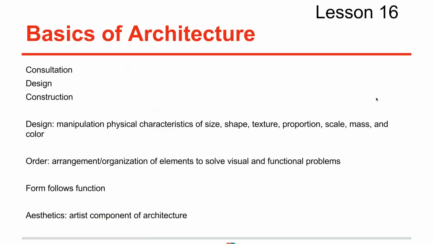Proportion, the scale, the mass of things, the colors you're going to use. You have to take these into consideration for the environment you're going to be using them in. Then order: the arrangement and organization of elements, putting these all together so they are appealing and visual. And maybe you want contrast. It all depends.